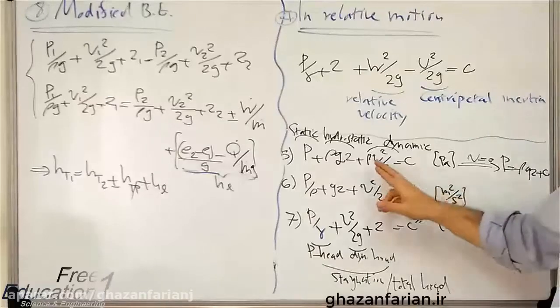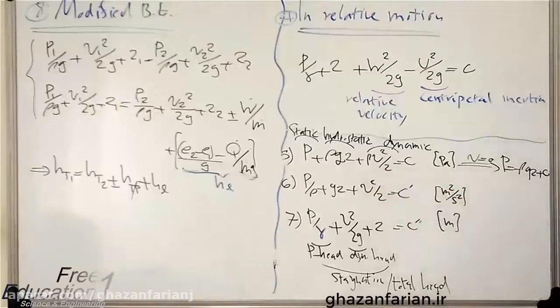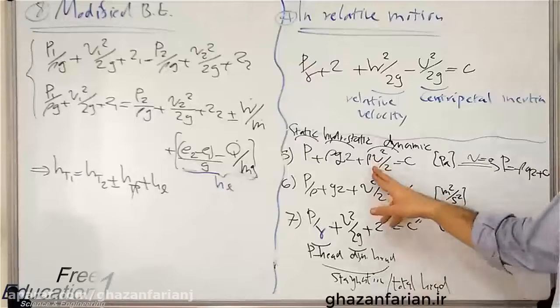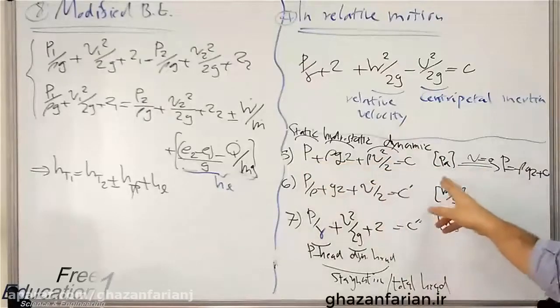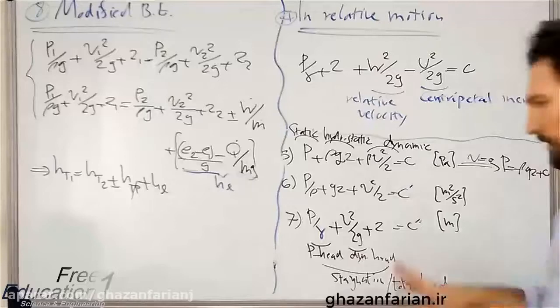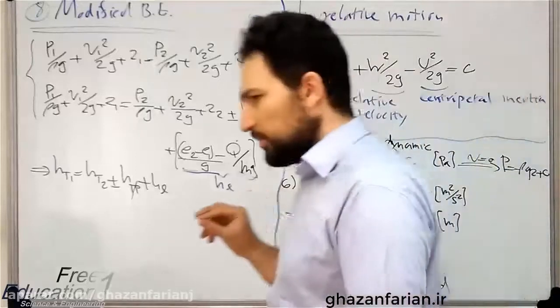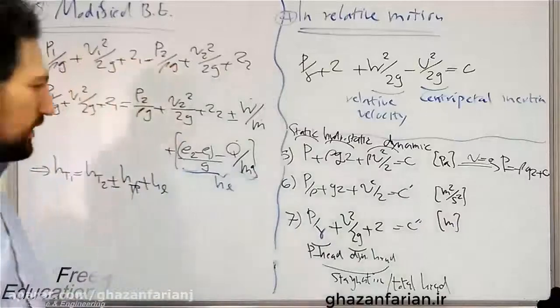If you omit the third term, which is true for a fluid at rest where the velocity is equal to zero, you can see that the static pressure is equal to the minus hydrostatic pressure plus a constant. This is exactly the hydrostatic pressure distribution in a fluid which is at rest.